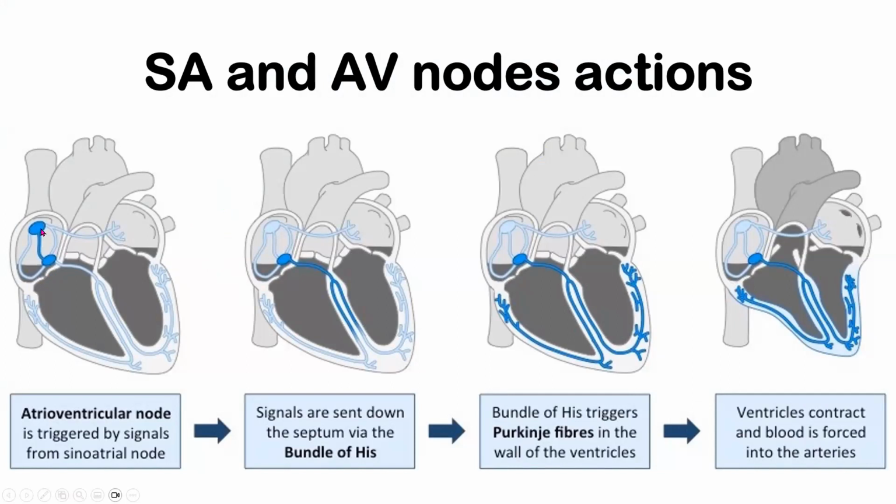The signal from the AV node is triggered, and it goes to the two atria to contract. Then it goes through the bundle of His and down there. Then various other fibers take it on, and the whole thing takes not very long.